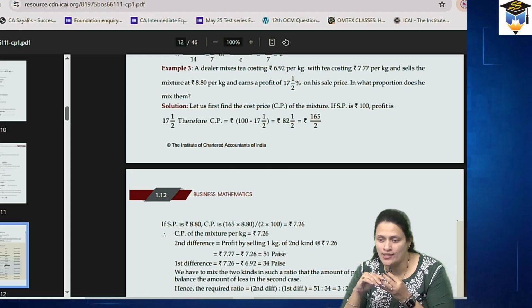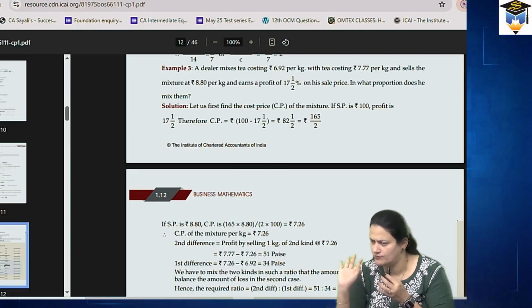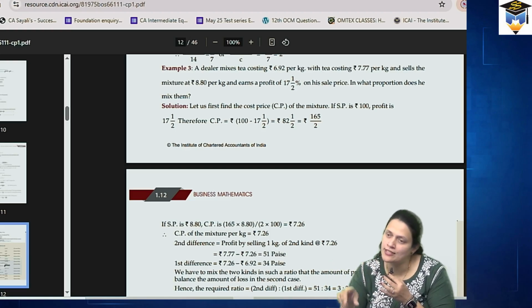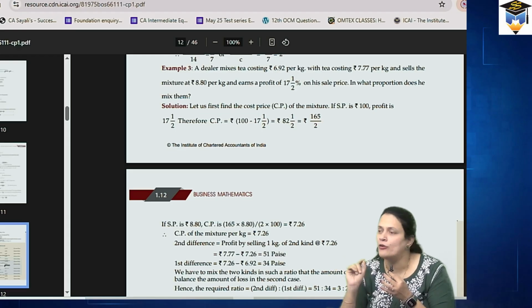So basically cost price we need to find out. The selling price is given to us. So if we want to find out the cost price, then consider that the selling price is rupees 100. Whenever selling price is not mentioned, you have to consider it as 100. Now we know profit is selling price minus cost price.